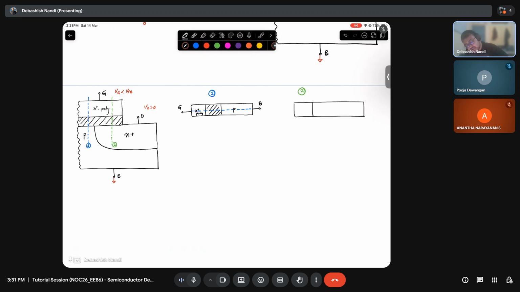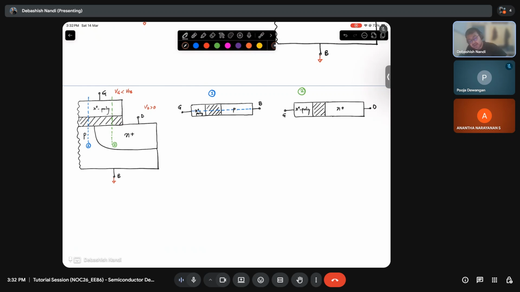So in case 2, what do I see? I see oxide. This is N plus poly. And tell me what should be the other thing? This is N plus, right?